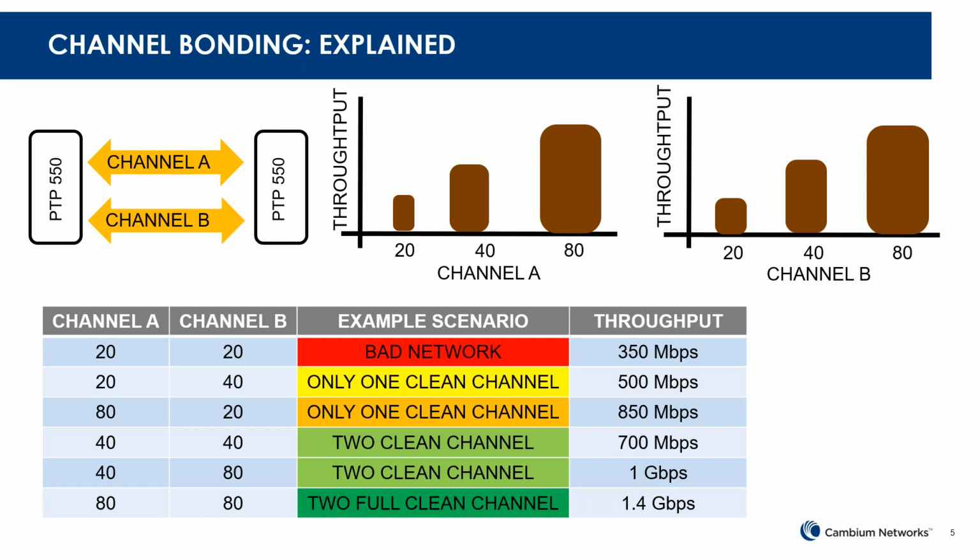The idea is, as I said, the two channels are totally independent. So one is 20, and the other channel could be 20, 40, or 80. Same thing. So your total combination is six different combinations, and you can use different spectrum or other things.